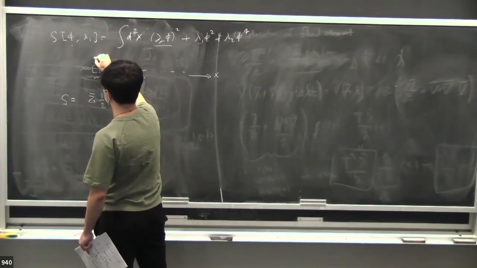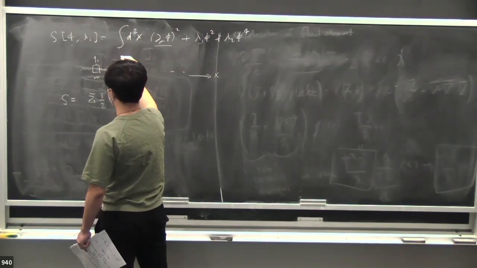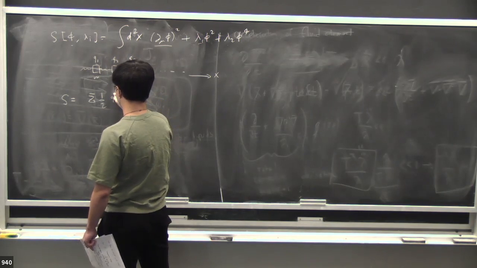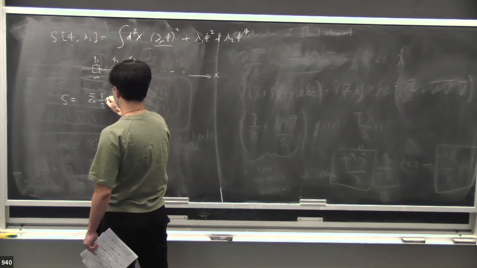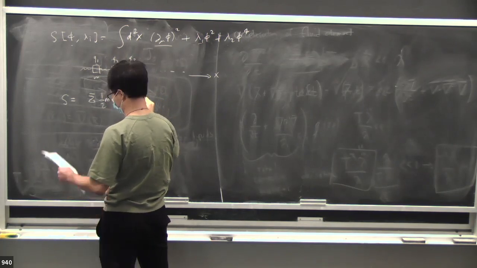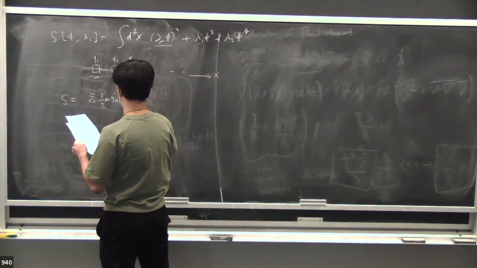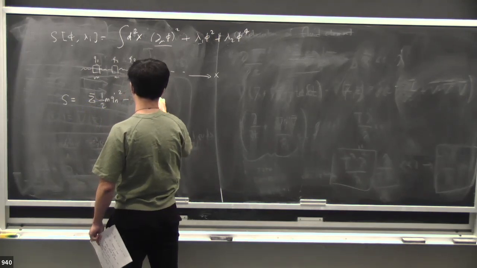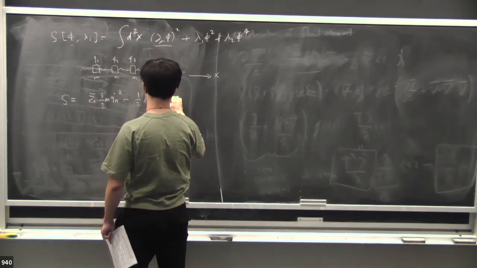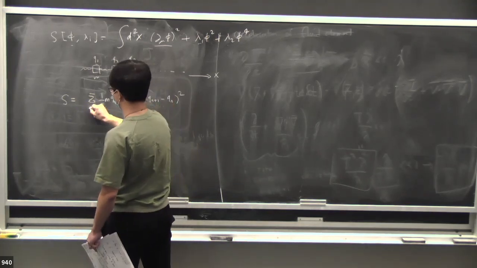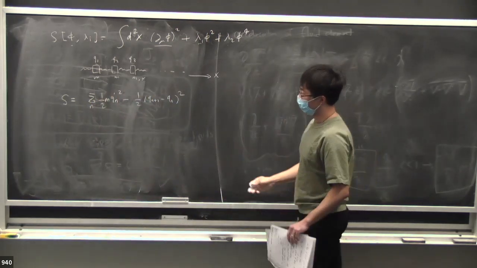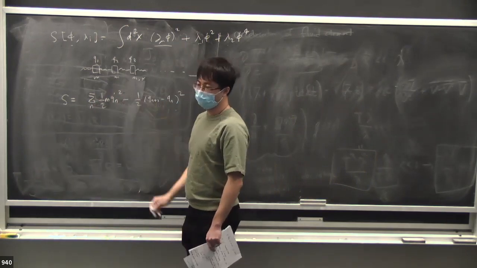Suppose the variables for this quantum mechanical degrees of freedom are Q, we label them by Q. Because this action has the opposite sign for the potential. Okay, so this just describes this simple quantum mechanical system.